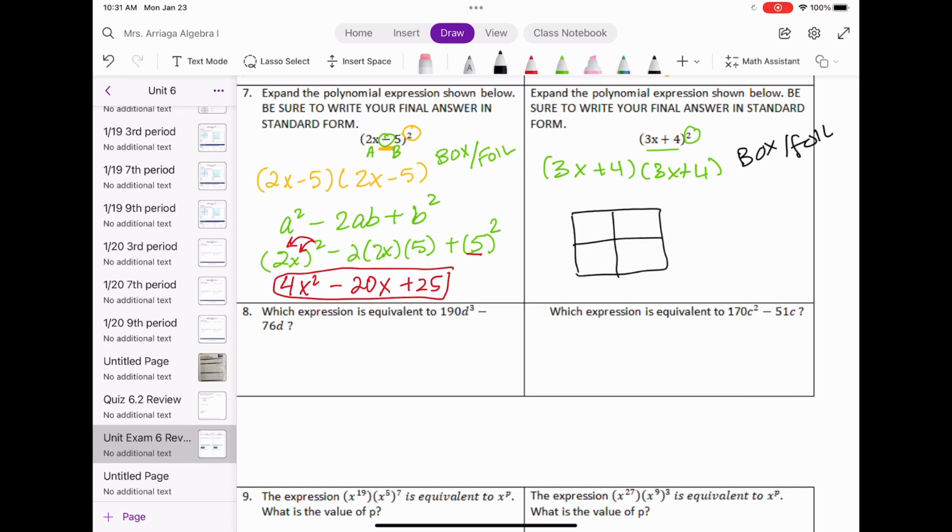For 8, we're writing an expression that is equivalent. Many expressions could be equivalent, but I'm going to think, okay, what number goes into 190 and 76? And I think 19 goes into both. So I'm going to also take out a d because both terms have a d, so I can do that.